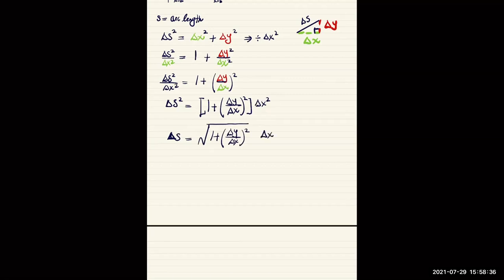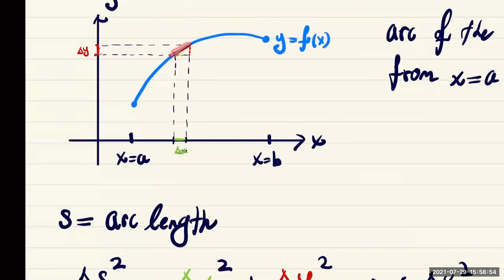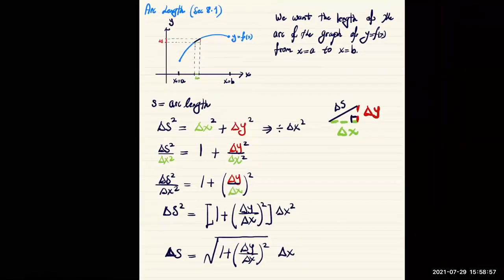It will kill the square. There is no plus or minus. We don't need the absolute value because these increments are all positive. So this expression gives me the length of this little tiny arc of the curve.